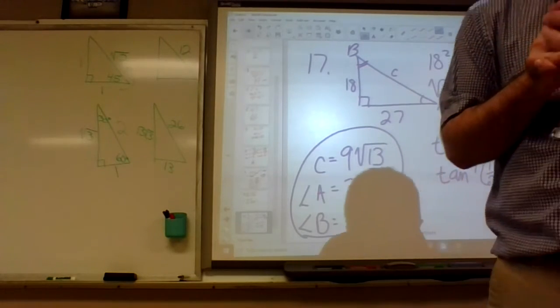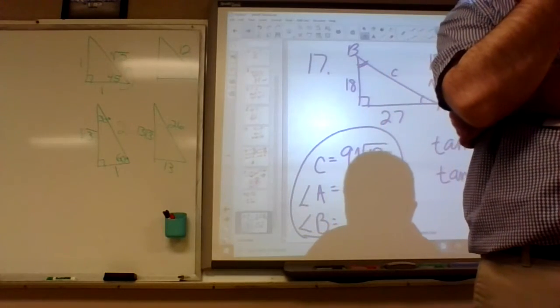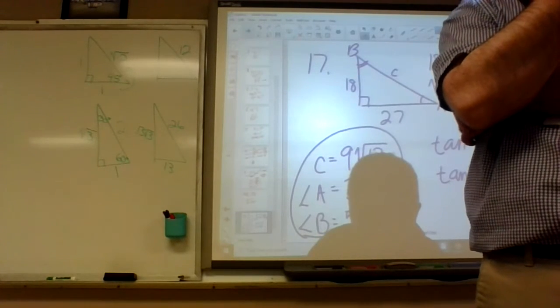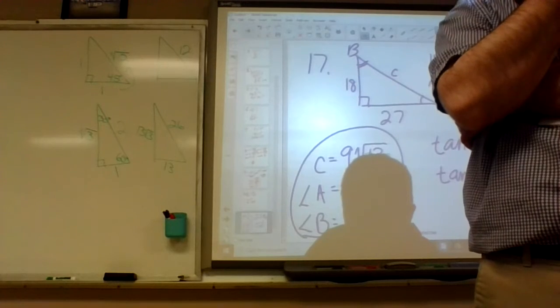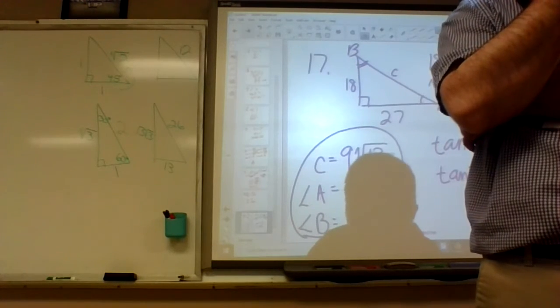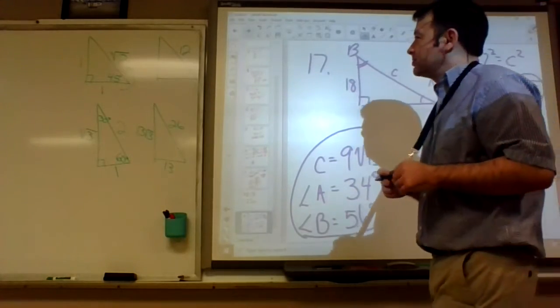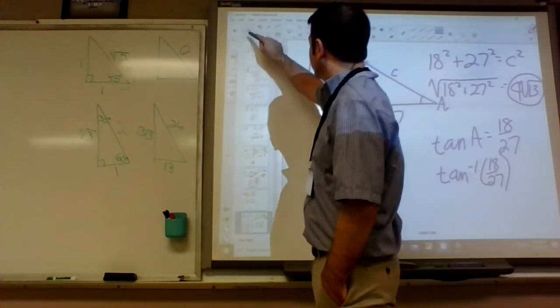Okay, 19 and 20, we didn't actually do those. 21 through 24 we did. Should we try 19? No, probably shouldn't. We'll save that for a couple of years from now.